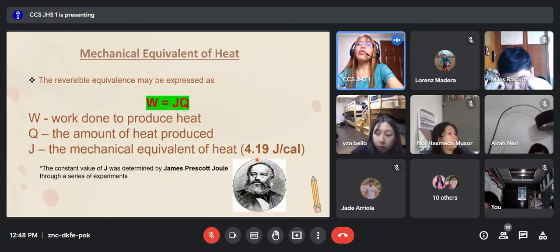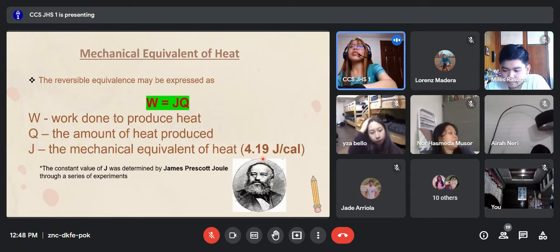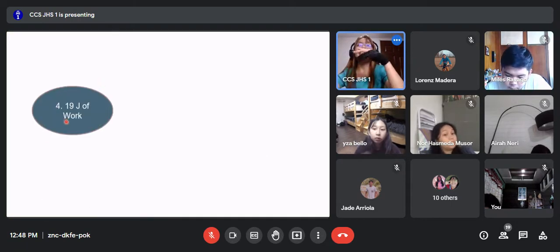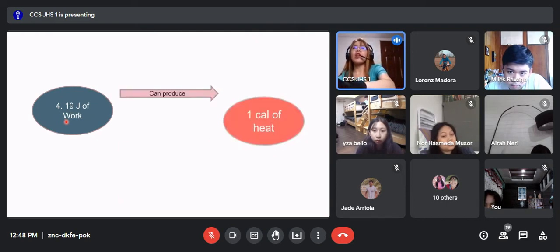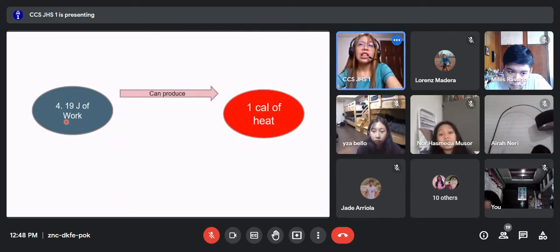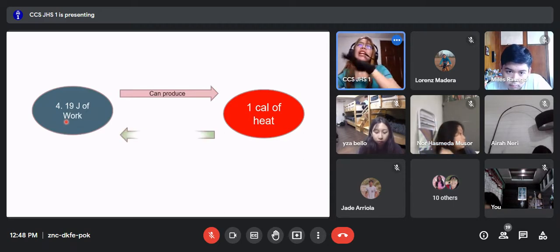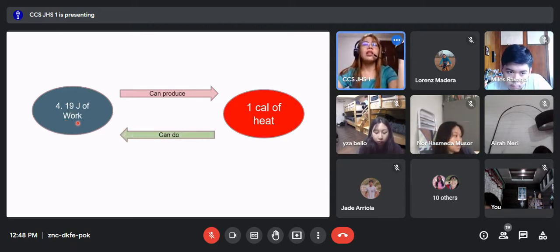J is equal to 4.19 joule per cal. Which means to say that 4.19 joule of work can produce 1 calorie of heat. And then reverse, 1 calorie of heat can do 4.19 joule of work.